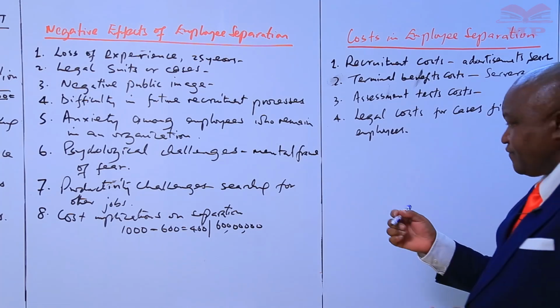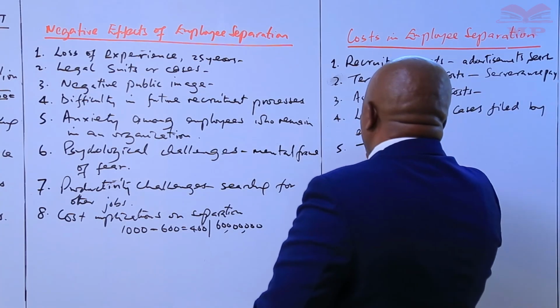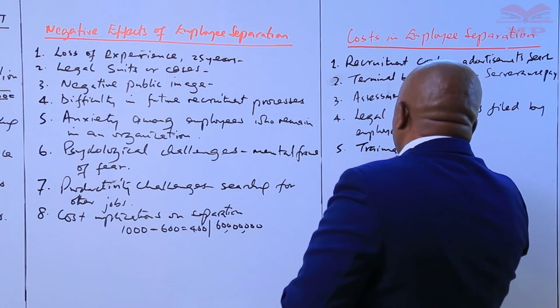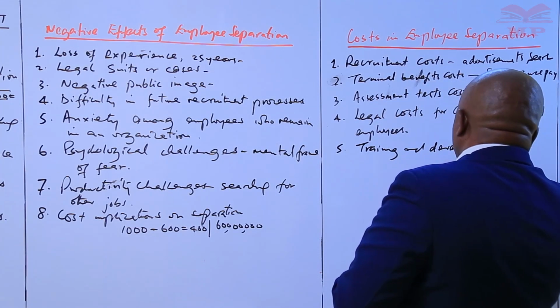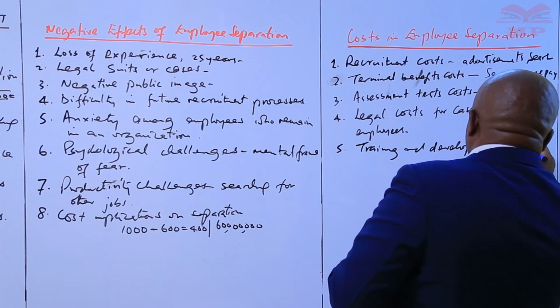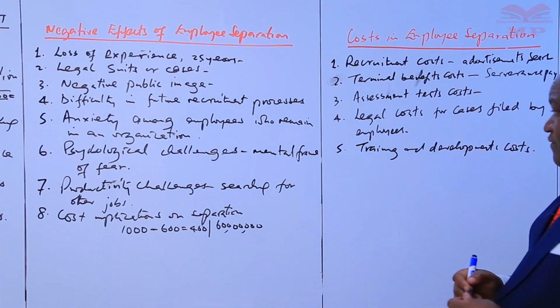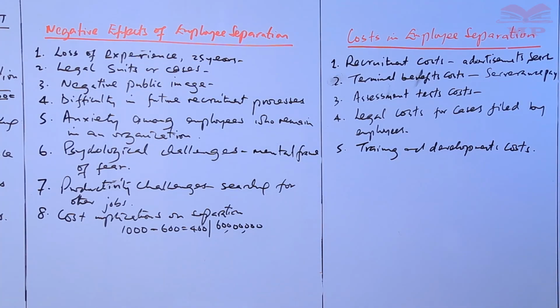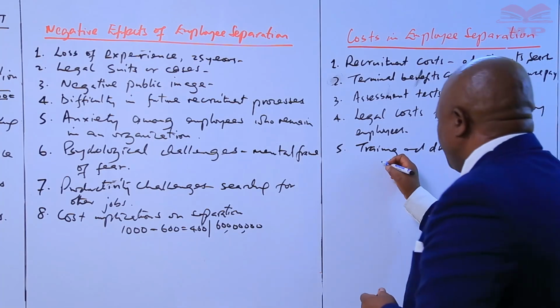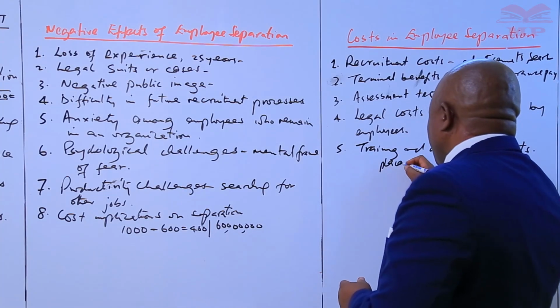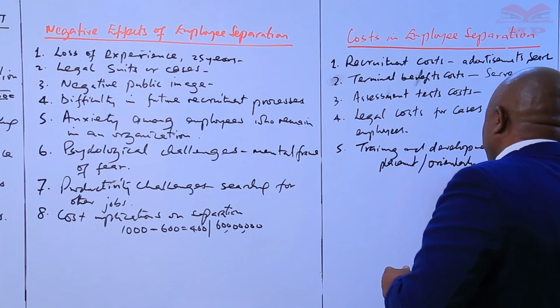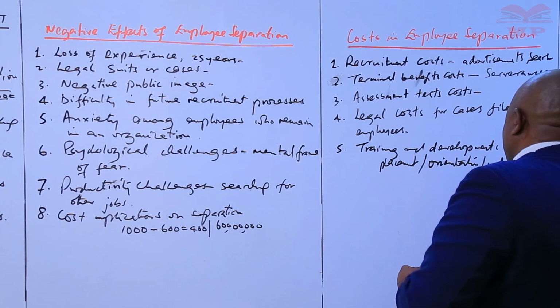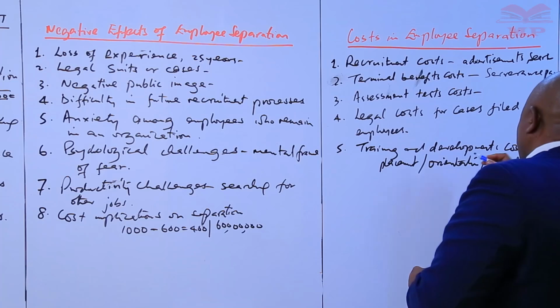Then five, you may also have what you call training and development costs. So employees now who join a given work environment may need to go through, for example, placement, orientation, or induction training.